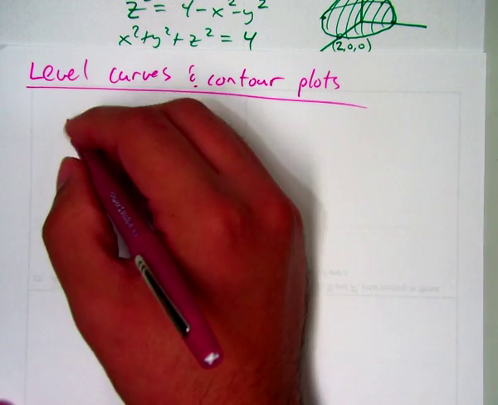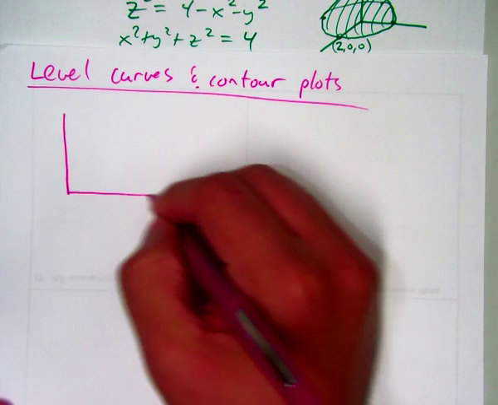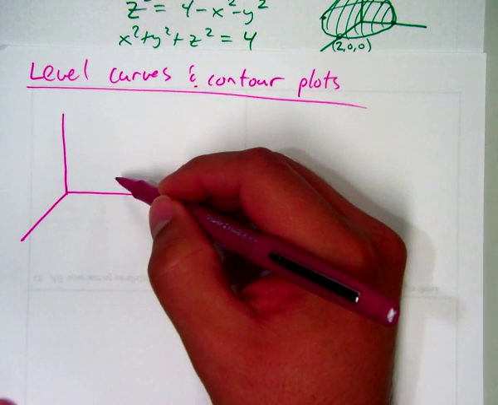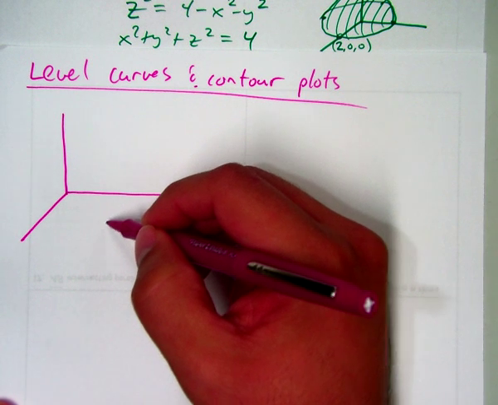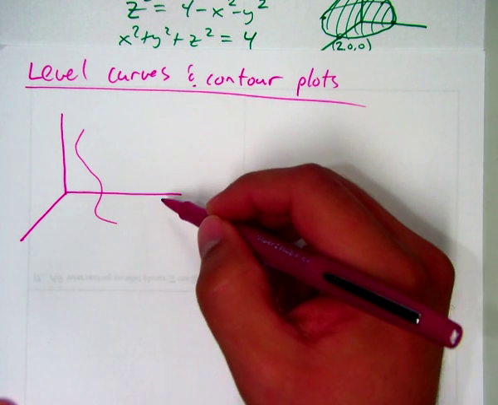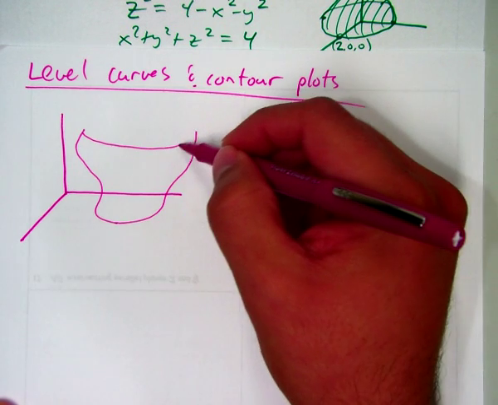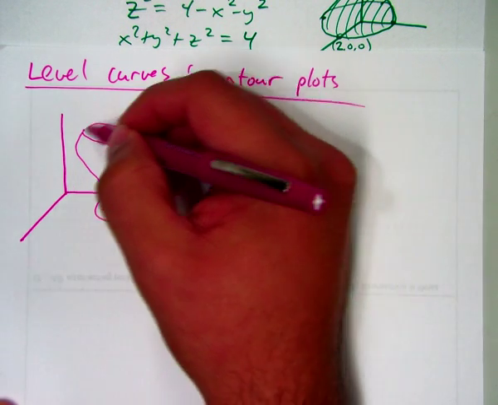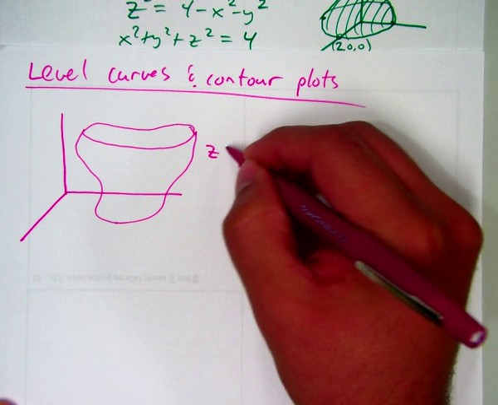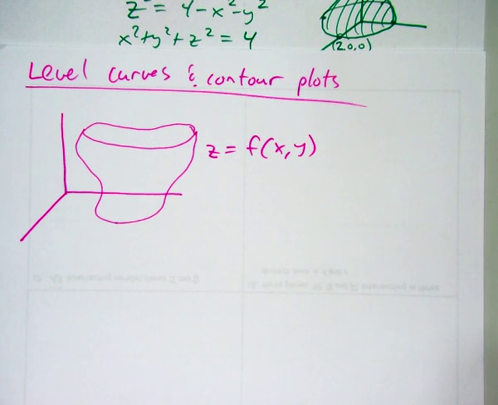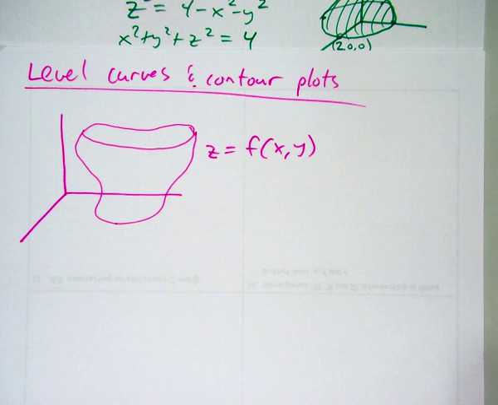So let's suppose we have some surface, let's say this is z equals f of x, y. Someone's failed clay project. I'm trying to make this more interesting than just a little elliptical paraboloid.